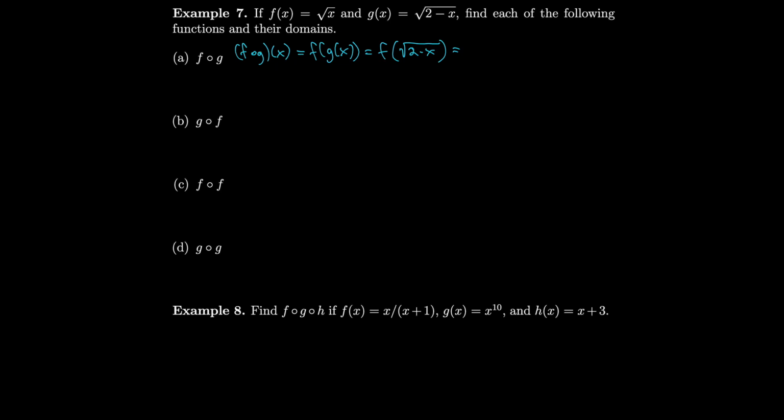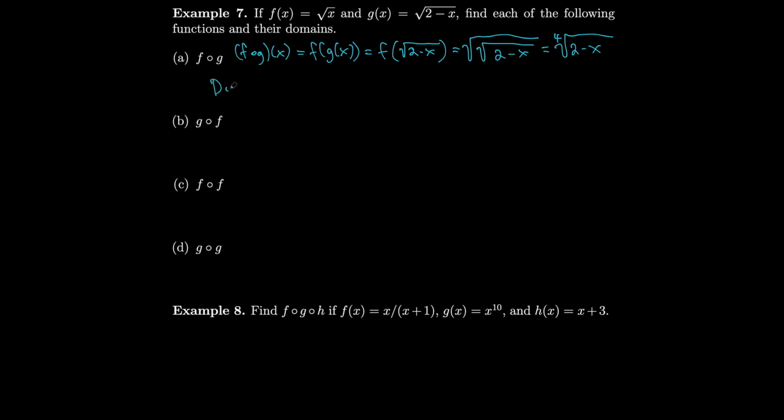So that means that we're taking the square root of the square root of 2 minus x. So that's just the fourth root, 2 minus x, or 2 minus x to the 1/4 power if you like.